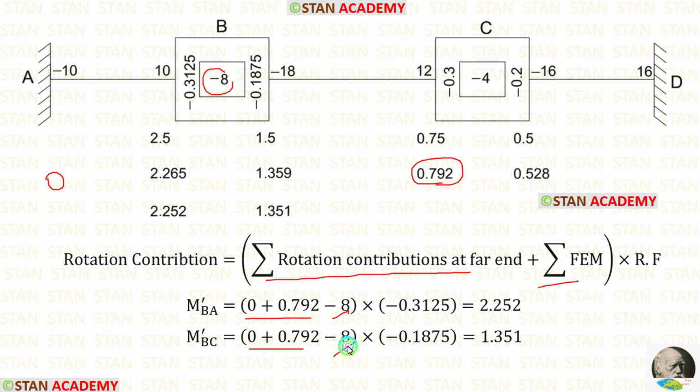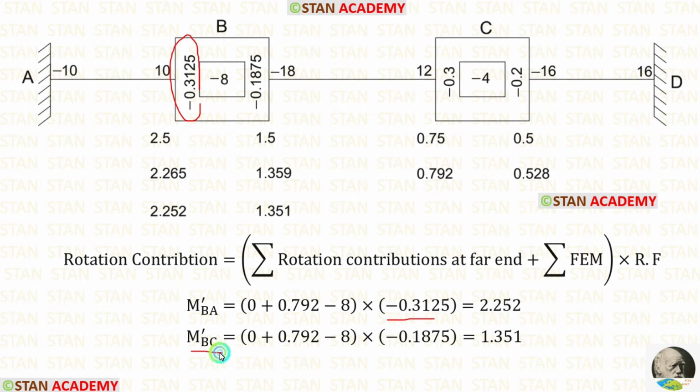Let us apply that. The rotation factor for BA is minus 0.3125 and the rotation factor for BC is minus 0.1875. After the calculations, we are getting m dash BA and m dash BC. Let us enter the value of m dash BA and m dash BC.